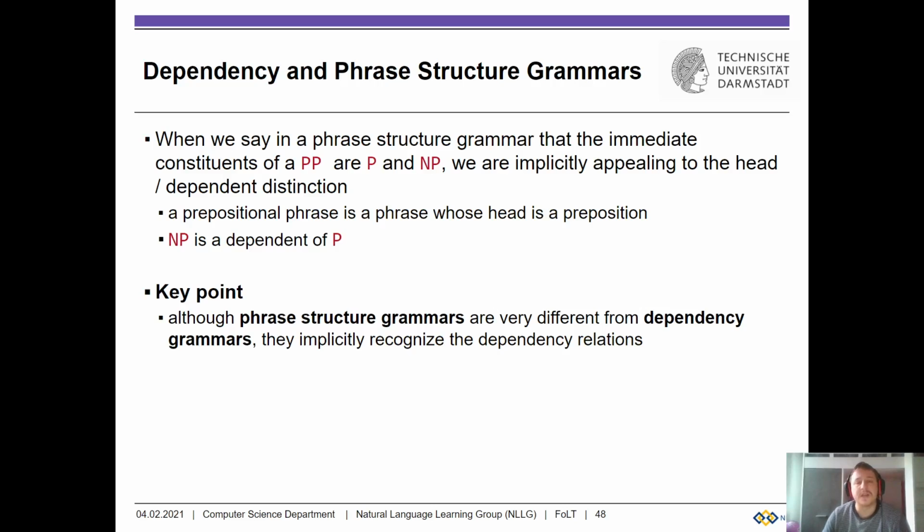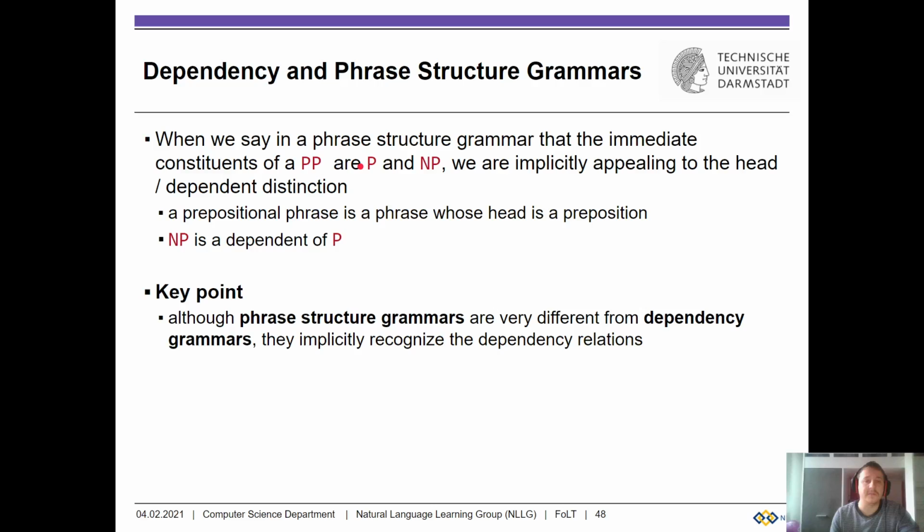Good. To conclude with dependency grammars, let's put dependency and phrase structure grammar in relationship. In a phrase structure grammar, or context-free grammar or constituency grammar, we have the constituents of a particular phrase, such as a prepositional phrase.